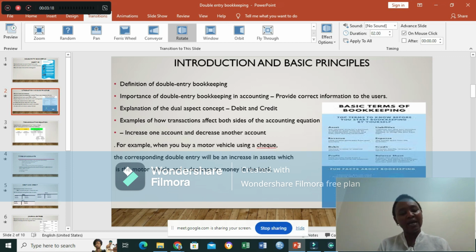So that is an increase, a plus and debit, and you will have decreased your cash in your pocket. That will be a credit. So if you bought that unga at 100 shillings, you are going to debit your unga account with 100 shillings and you are going to credit your pocket or your cash with 100 shillings. That is what we normally call a dual aspect concept.